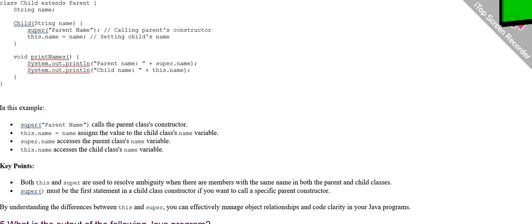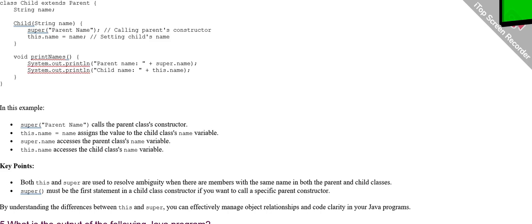Child(String name). super("Parent name"); // calling parent's constructor. this.name = name; // setting child's name. void printNames(). System.out.println("Parent name: " + super.name). System.out.println("Child name: " + this.name).